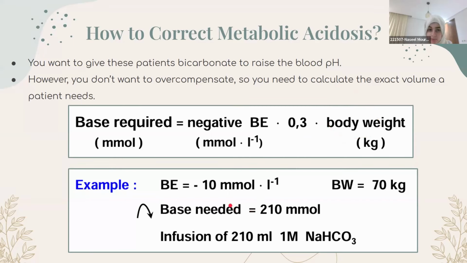Let's take this example. This patient has a base excess of -10, the constant is 0.3, and the body weight is 70 kilograms. If you multiply 10 by 0.3 by 70, how much do you get? 210. And this is the amount of base that you need to give the patient. And so you give the patient 210 milliliters of sodium bicarbonate. Okay? Did this one make sense?